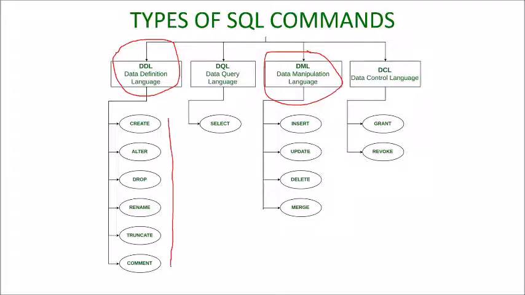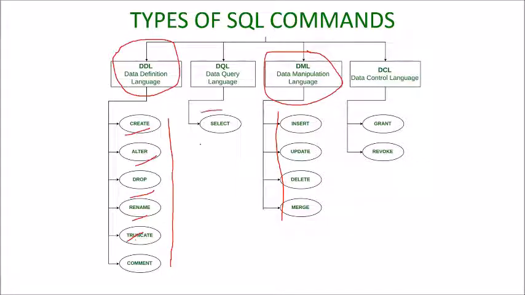Wherever we are changing the structure of the table, there we use data definition language, like create, alter, changing the structure, drop, deleting the table, rename, truncate, comment, and so many things. Similarly, data manipulation language, to insert the data, update, delete, merge. So all these commands are used to handle the data, not the structure. This is the basic difference between DDL and DML.